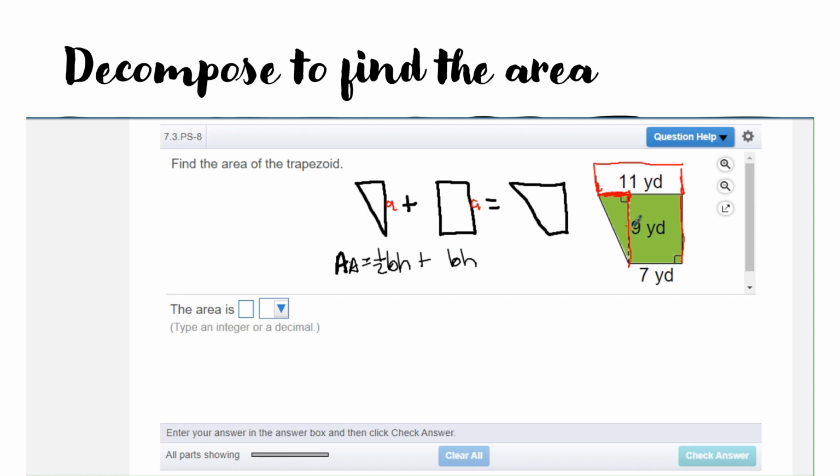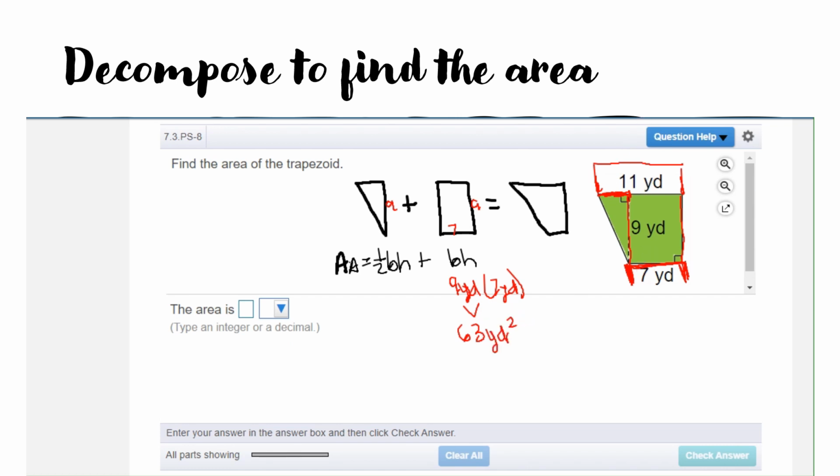So you have to figure out the length for your rectangle. The rectangle length is from here to here, and that length is 7 yards. So for my rectangle I can use 9 yards times 7 yards, and that'll give me a total of 63 yards times yards, which is yards squared.